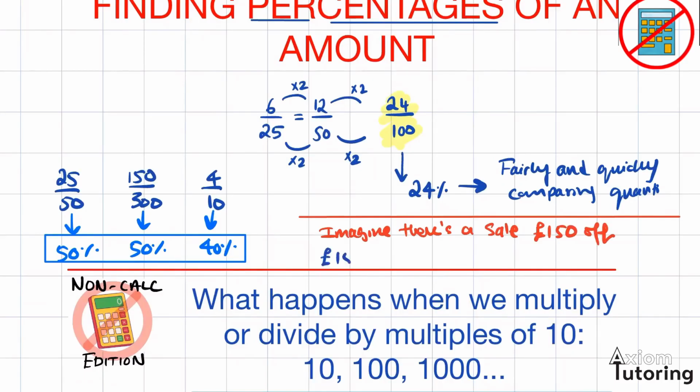If the item costs 1,500 pounds, then you're getting 10% off. But if instead it's a car and it costs 15,000 pounds, you're only getting 1% off. And so that's why percentages particularly are extremely useful in fairly and quickly comparing quantities.